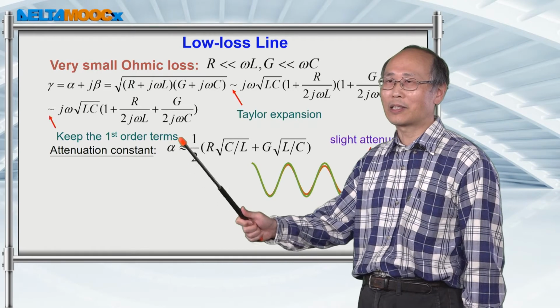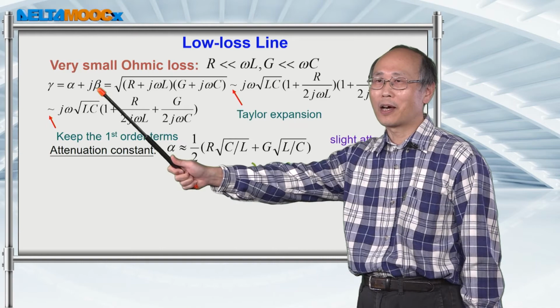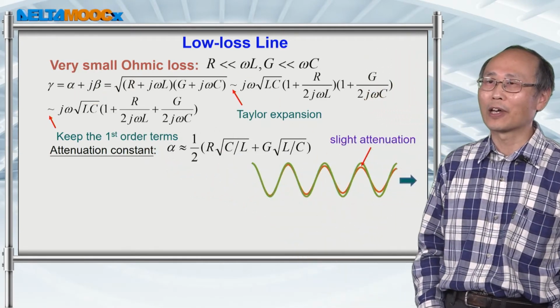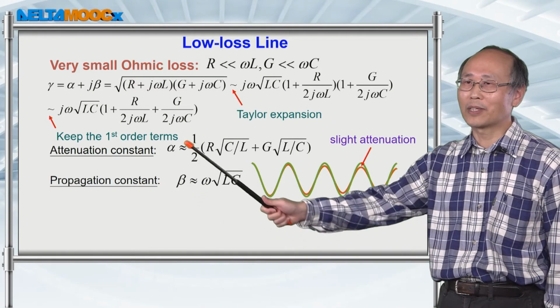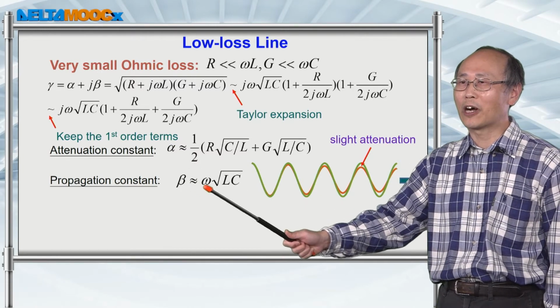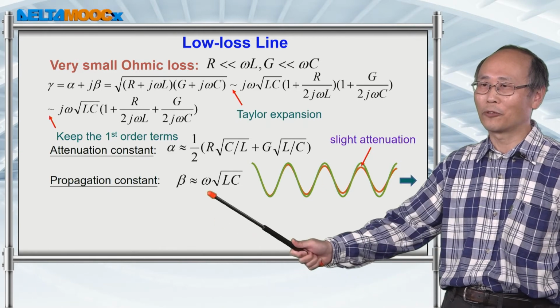And because this line has an alpha value, if you pick up the imaginary part of the gamma, then you can deduce the propagation constant. And based on the first order approximation, this propagation constant is linearly proportional to the frequency.